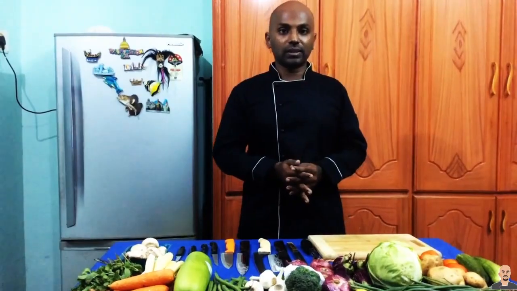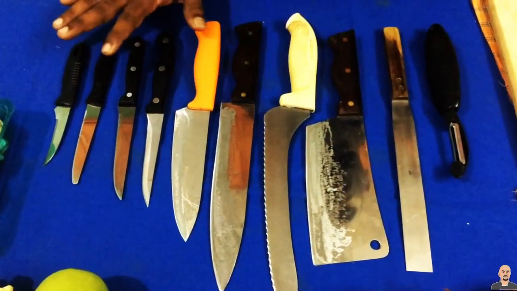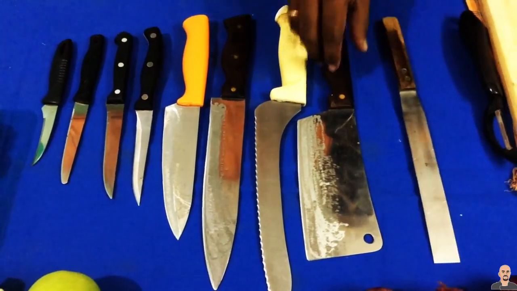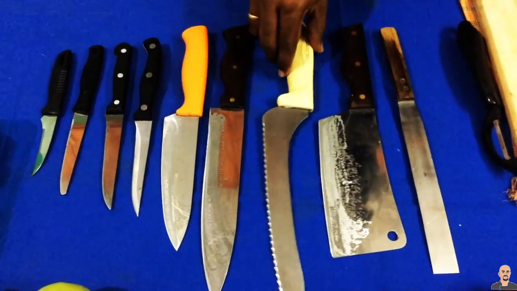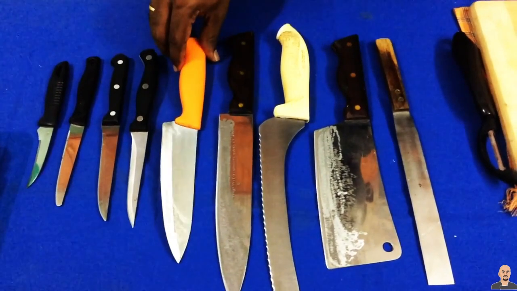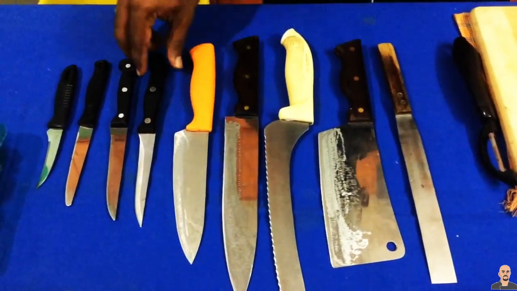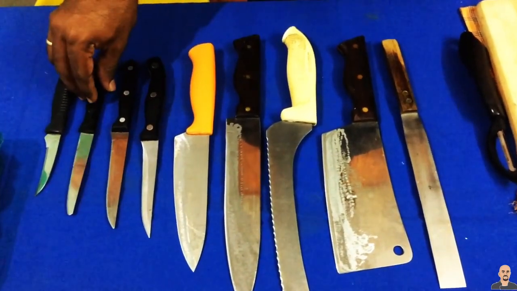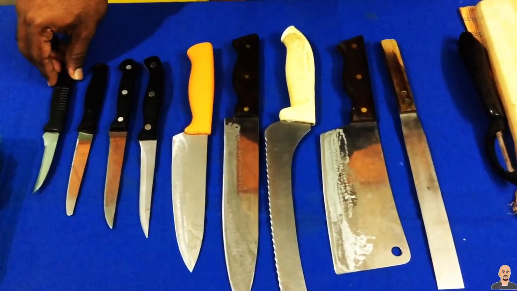Let me tell you what knives I have with me. This is peeler, palette knife, chopper, bread knife, carving knife. This is called chef's knife or all-purpose knife, boning knife, utility knife, steak knife, and finally turning knife.